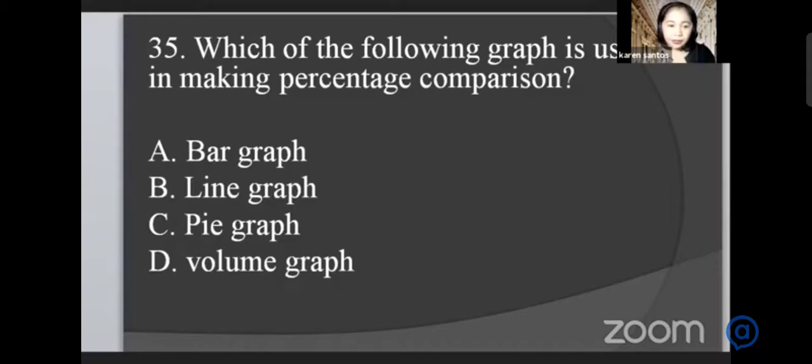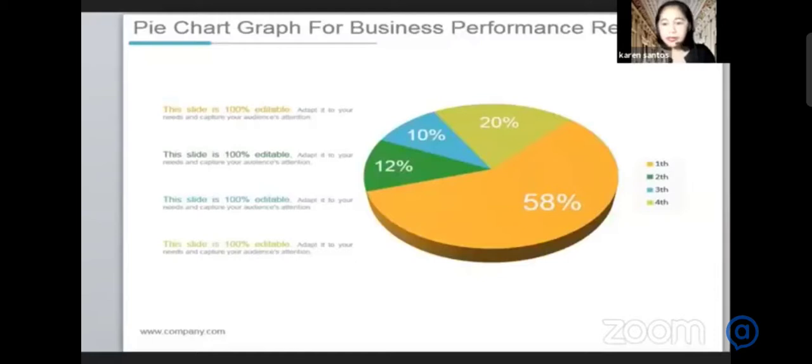So this is an example of a pie graph. The pie graph has pie charts that are generally used for percentage or proportional data, and usually the percentage is presented by each category that is provided next to the corresponding slice of the pie. That is the pie chart.